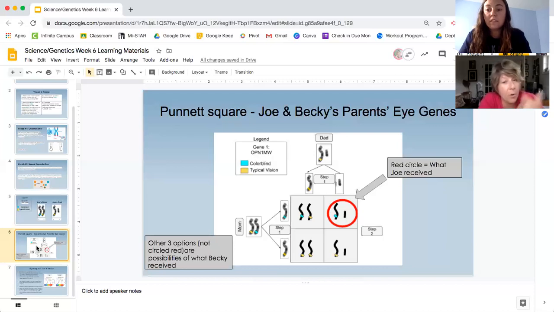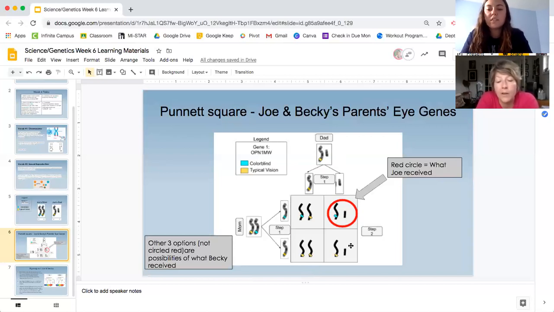He only gives them the Y. And he could pass the gene on to his daughter, but she might also get that dominant normal vision gene. Right. She could still have one of these options. So, but Joe can't have a son who's colorblind, right? Yeah. Unless the mom would have to have that chromosome also. Yeah.